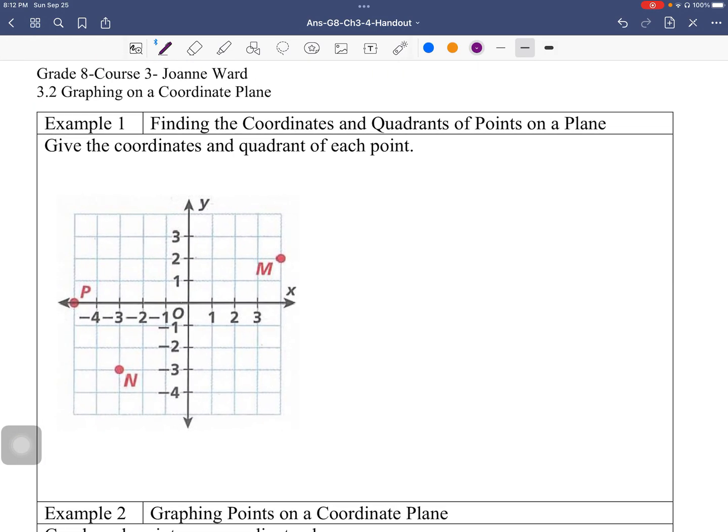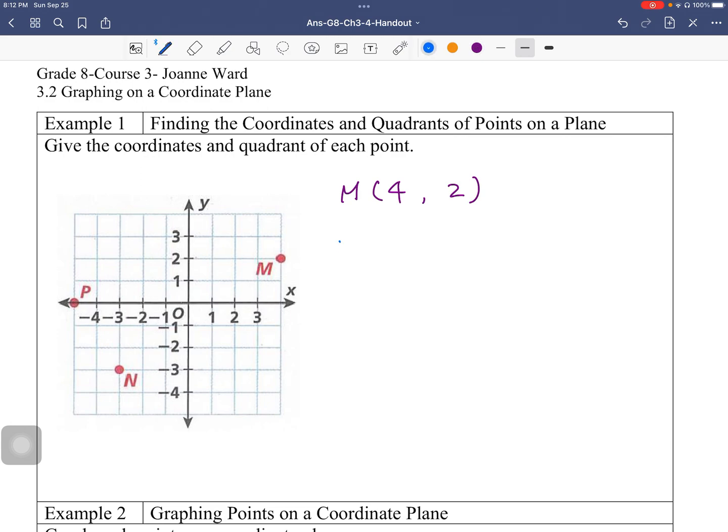So now find the coordinates and quadrants of points on a plane. Now I have M, 1, 2, 3, 4, and 1, 2.